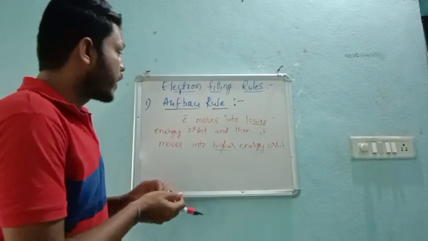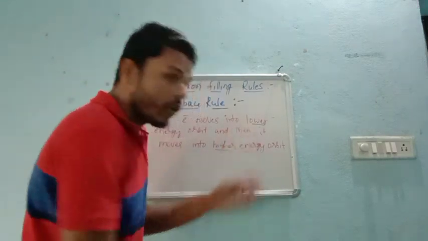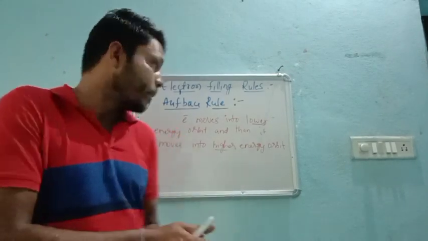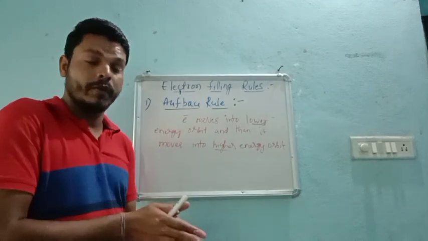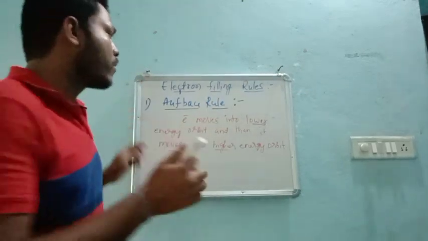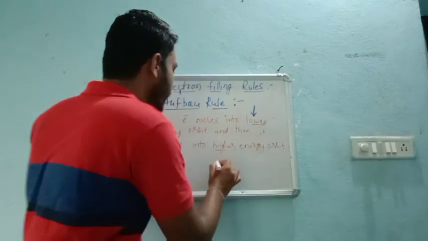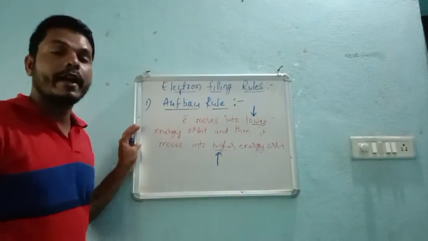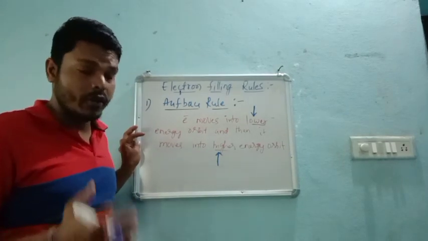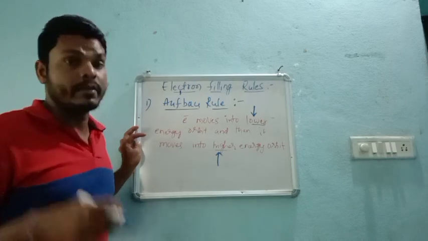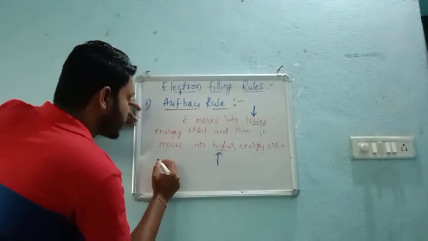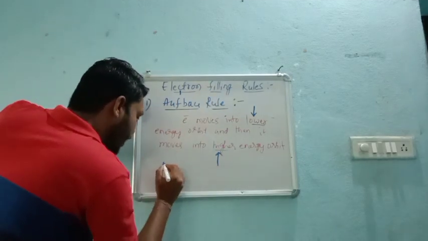That means lower energy orbitals fill first, and if extra electrons remain in the atom, then the higher energy orbitals will be filled. Then the question arises: how do we identify higher and lower energy orbitals? We don't know which orbital has lower energy and which has higher energy, so a rule has been given. Later in the class I will explain, but for the sake of filling, just try to understand.